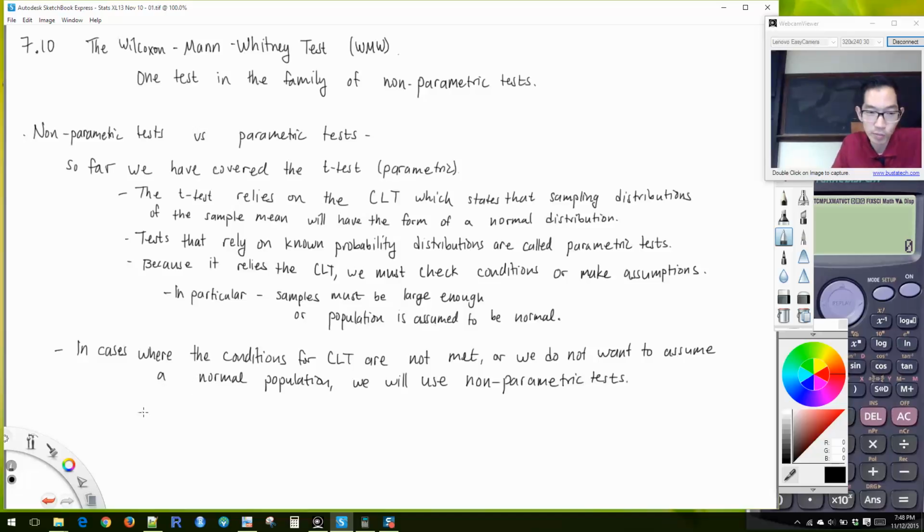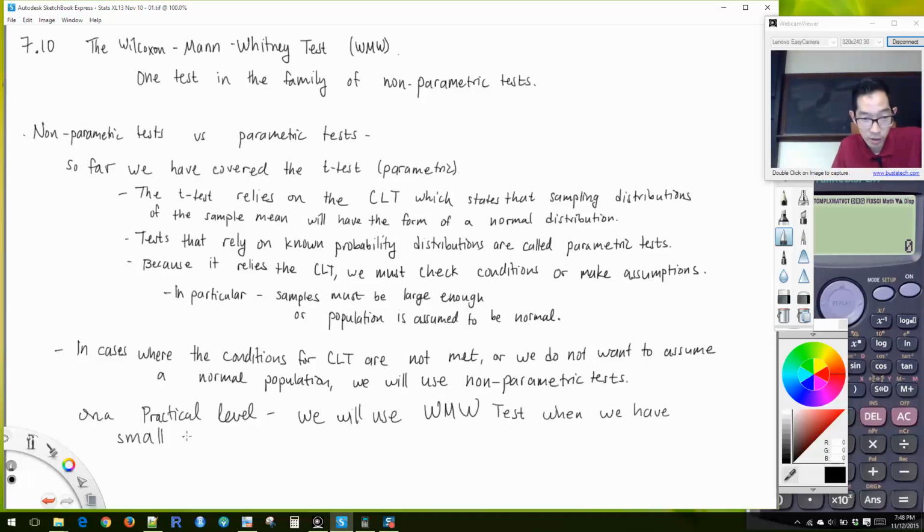So on a practical level, we will use it when we have small samples and there are outliers present, to indicate a non-normal population.